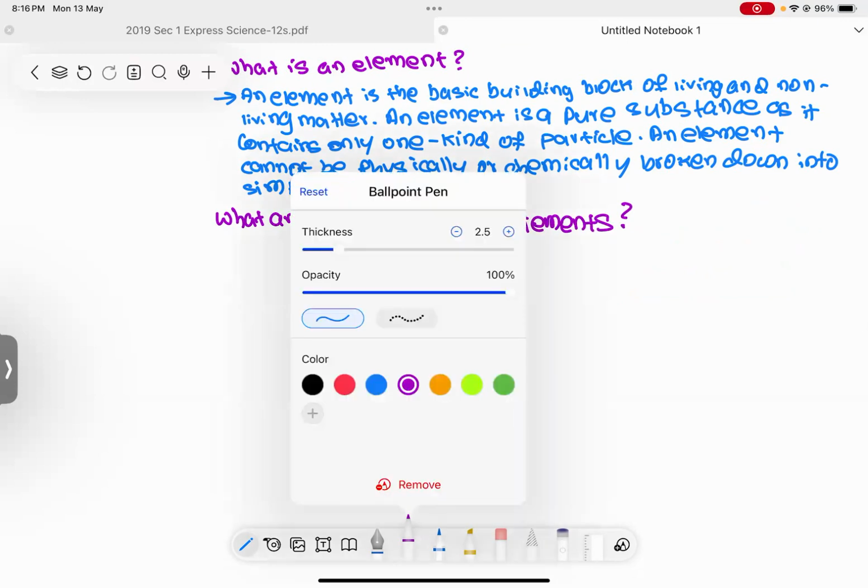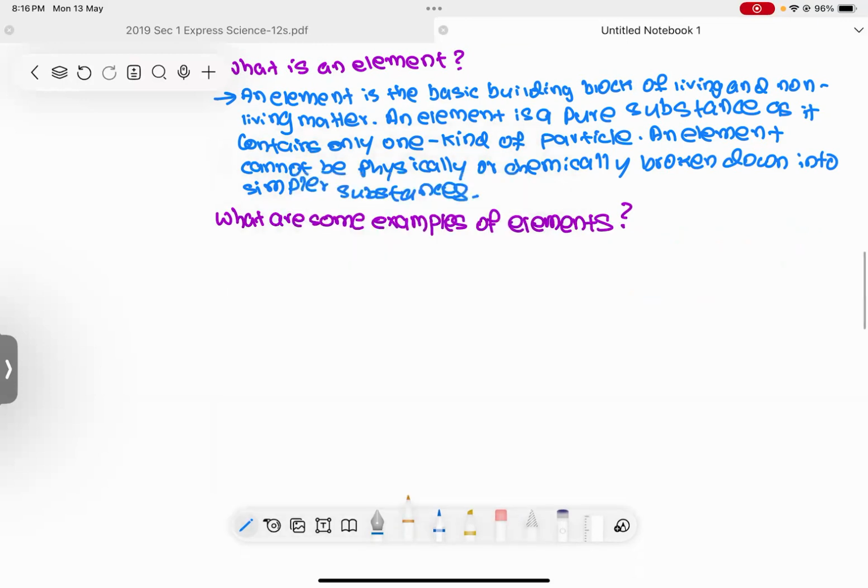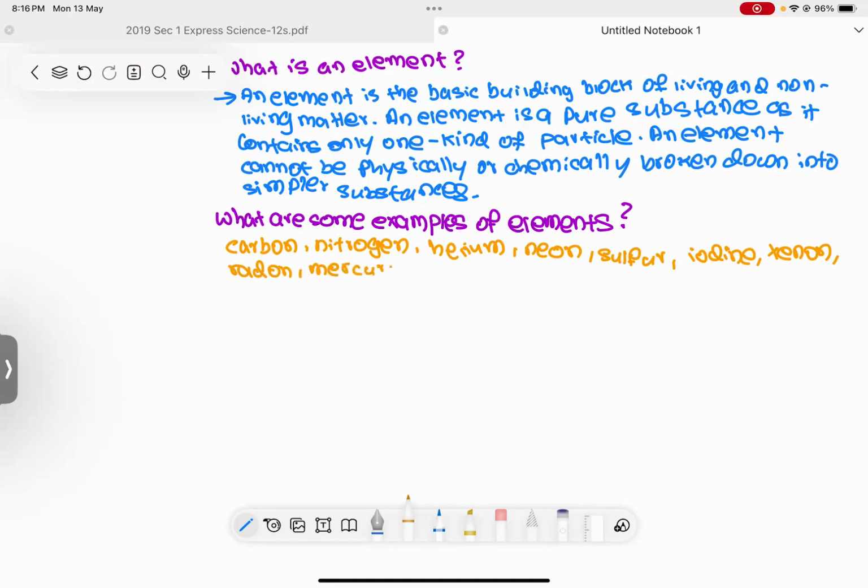Okay, so some examples of elements include carbon, nitrogen, helium, neon, sulfur, iodine, xenon, radon, mercury, iron, cobalt, sodium, calcium, and many, many more.